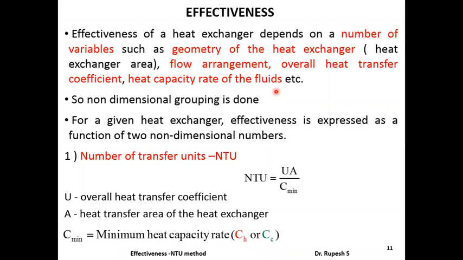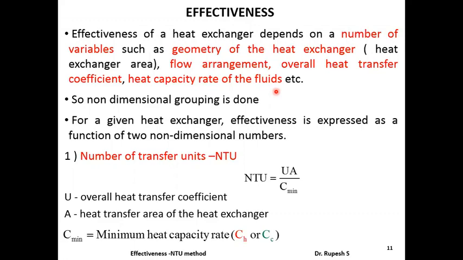By non-dimensional grouping, effectiveness of a heat exchanger is expressed as a function of two non-dimensional numbers. The first one is the number of transfer units, abbreviated as NTU. NTU is a non-dimensional parameter formed by grouping U, A and C minimum.